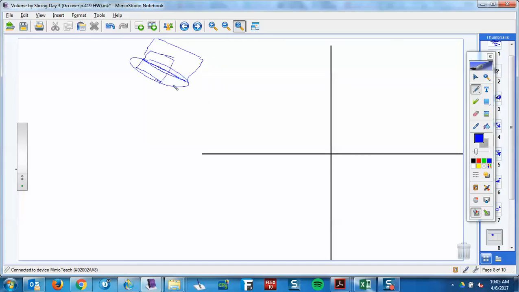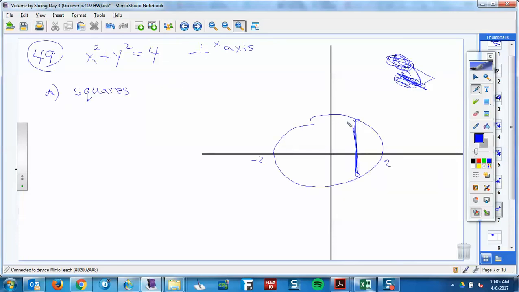Anyway, it's hard trying to see these three dimensions, but it's not necessary. Or think of it this way. Coming up off the page right here is a square. Right here, there'd be a small square coming up off.